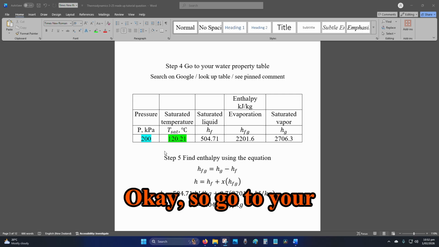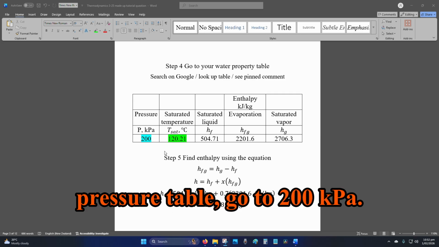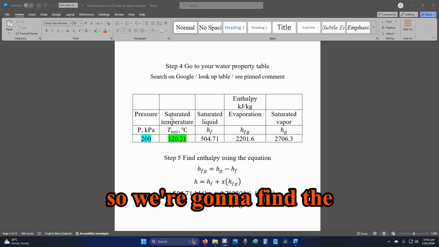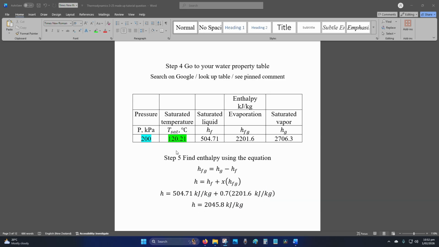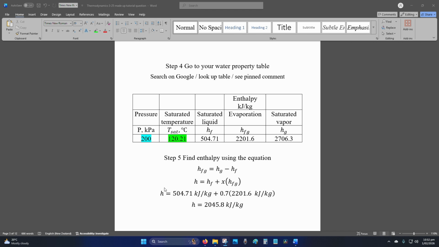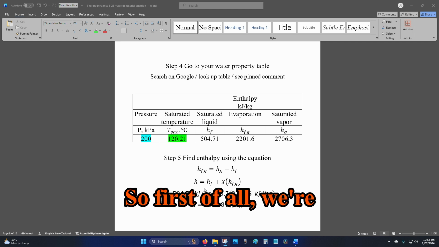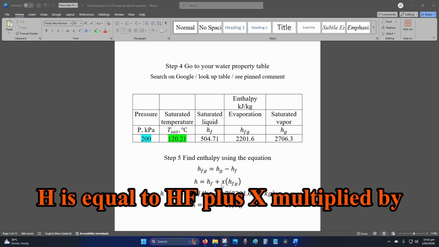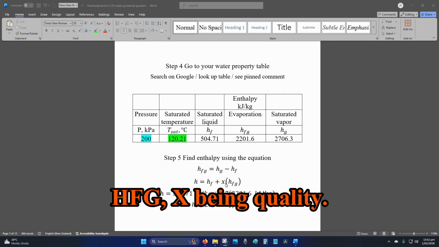Okay, so go to your pressure table, go to 200 kPa. We know it's a saturated mixture, so we're going to find the saturated temperature. Okay, we want to find the true enthalpy. So first of all, we're going to use the second formula. h is equal to hf plus x multiplied by hfg, x being quality.